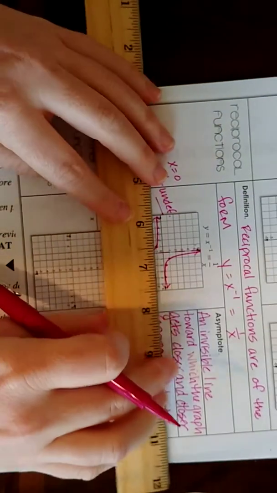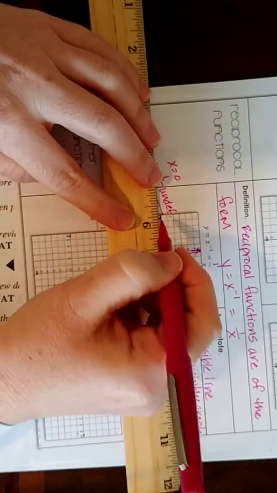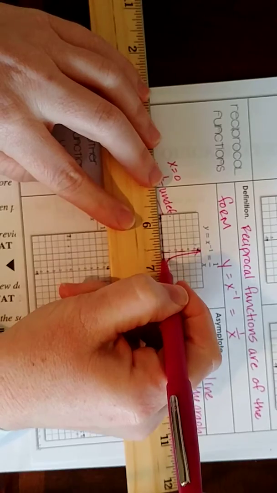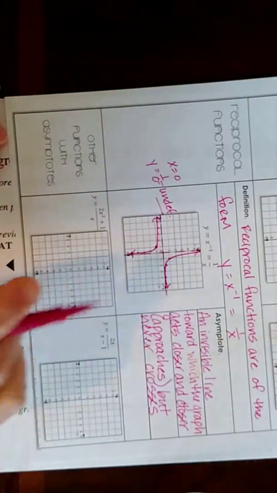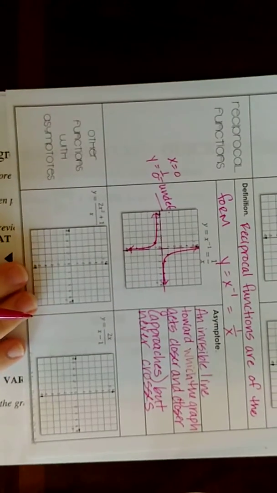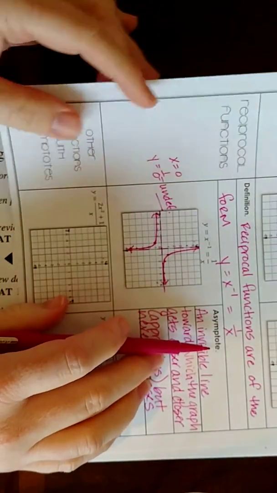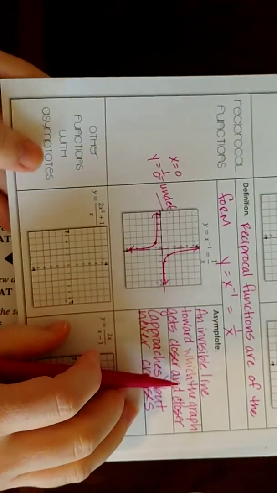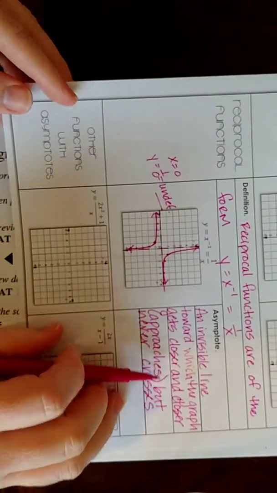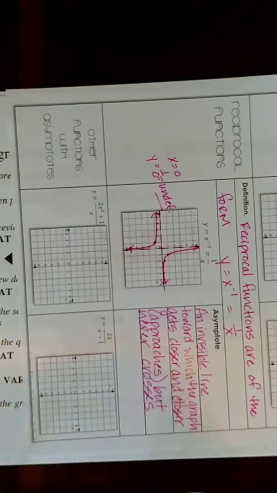So we see that this graph approaches x is equal to 0 and y is equal to 0 as close as it can, but without actually touching it. So that's called an asymptote, an invisible line toward which the graph gets closer and closer. In other words, it approaches it, but it never crosses it.